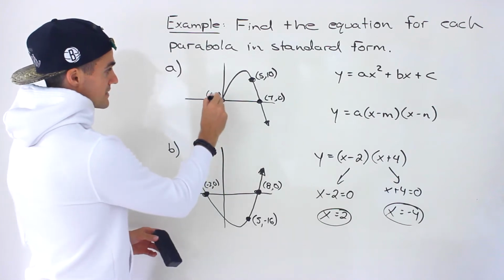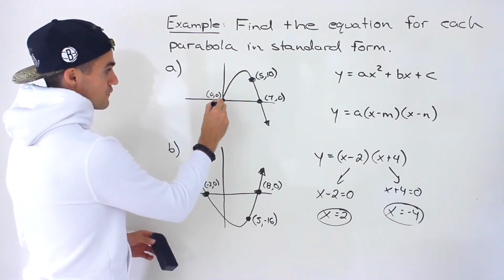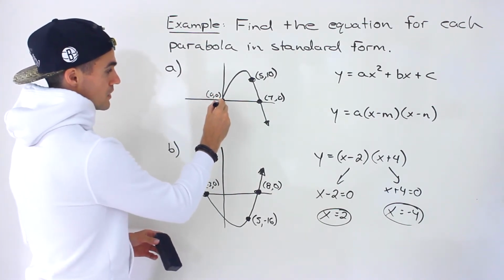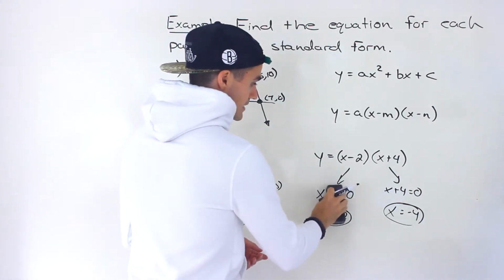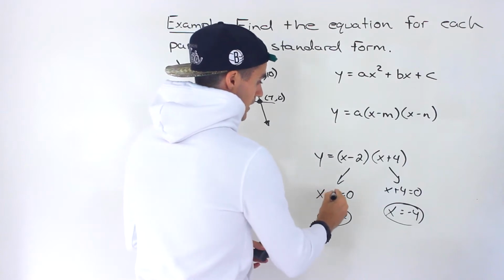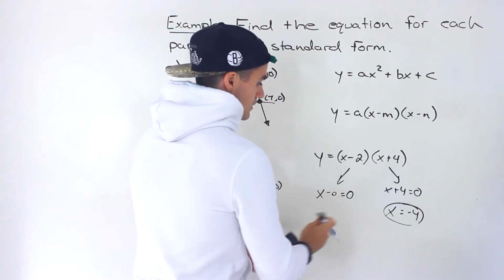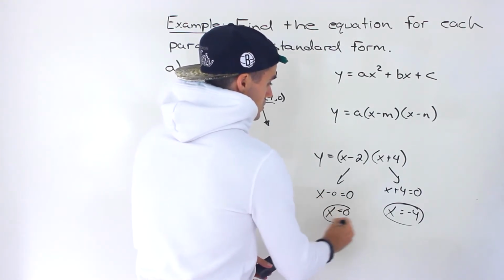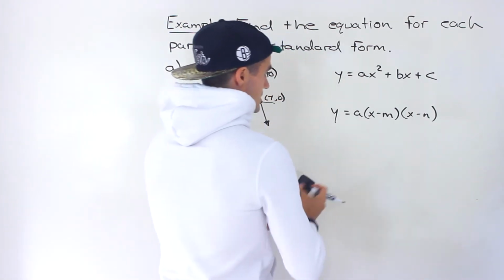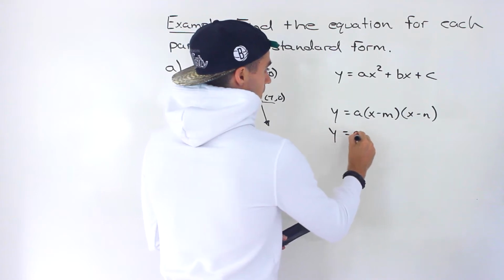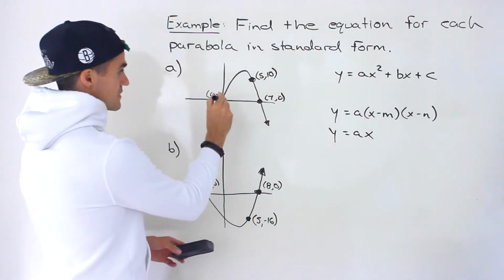And so for an x-intercept of 0, if a quadratic is going through the origin, we know that it's basically going to be x minus 0, and so that's just going to be x equaling 0. So there's just going to be a single factor of x because of this x-intercept.